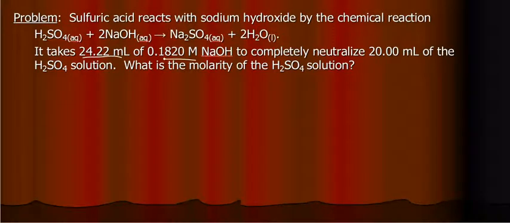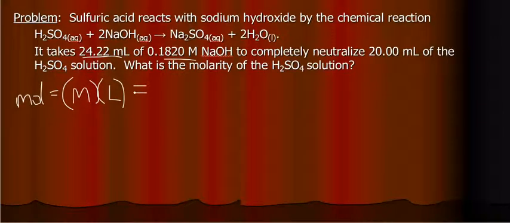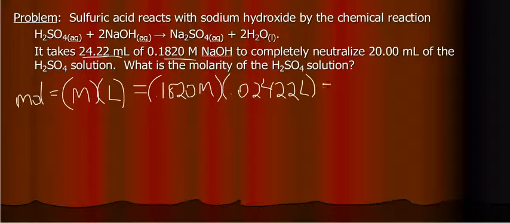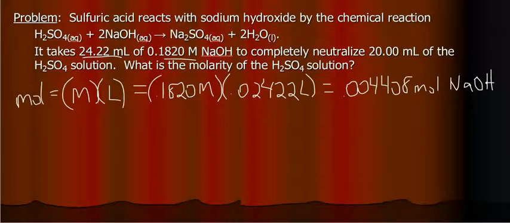So I'm going to start with the NaOH. Now if I have the volume and I have the concentration, I can get the moles. Go back to your molarity equation. Moles would equal molarity times liters. So for NaOH, I'm going to take the 0.182 molar, multiply by the volume in liters, and that's going to give me the moles of NaOH. Then I'm going to go back to my balanced chemical equation.